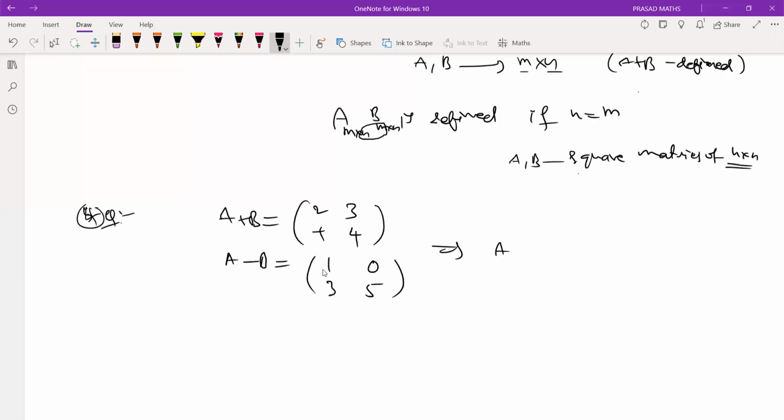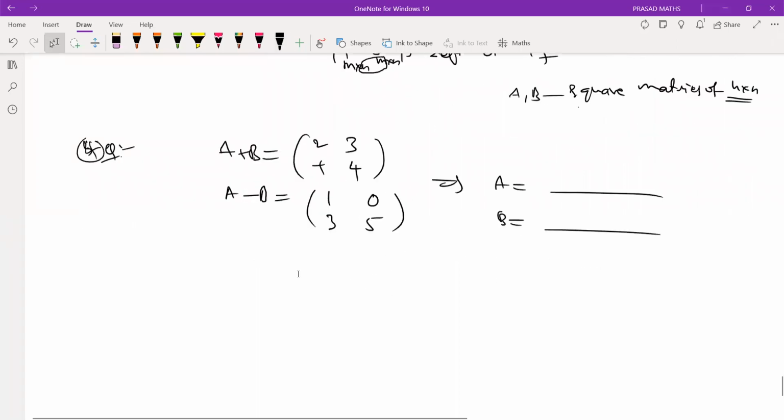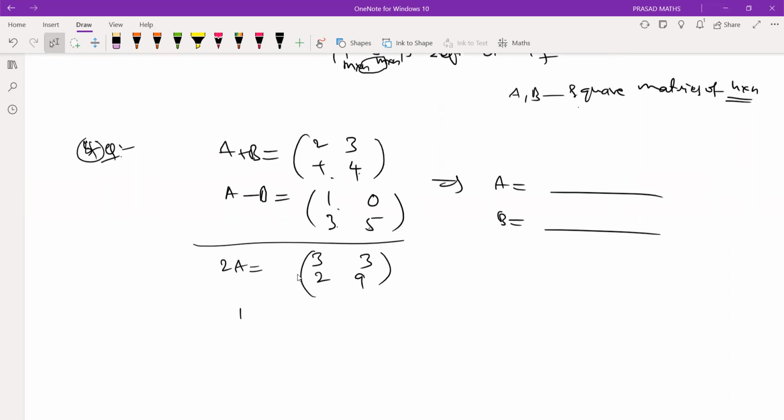We are asked to find A and B. The idea is to take the addition. 2 plus 1 is 3, minus 1 plus 3 is 2, 4 plus 5 is 9. So A equals one half of 3, 3, 2, 9. So you are getting A. Similarly, one can compute B also. Just take the addition and you can get A as well as B.